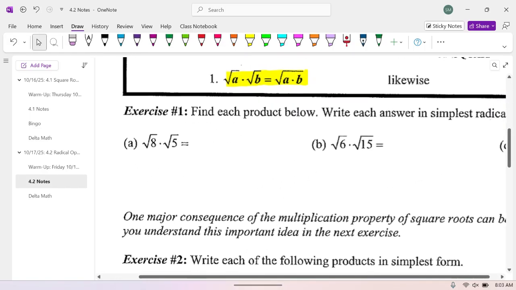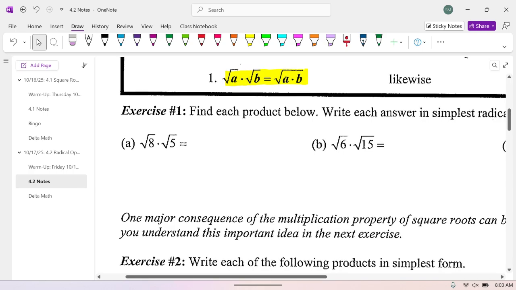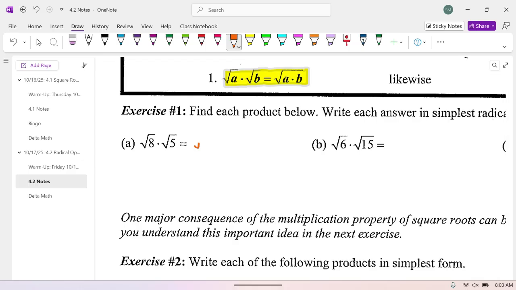All right, so let's do a couple of these. So square root of 8 times square root of 5, what will that give us? The square root of what? 40, because it's the square root of 8 times 5. Now, simplification-wise, if I broke 40 down to its factors, which one's going to have a nice perfect square for us? 4 and 10.